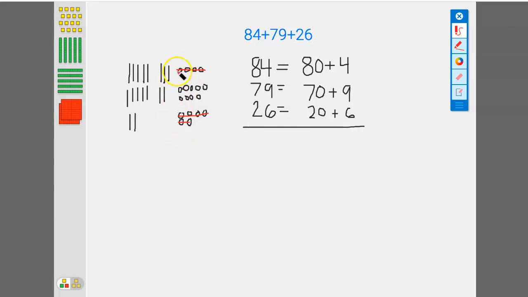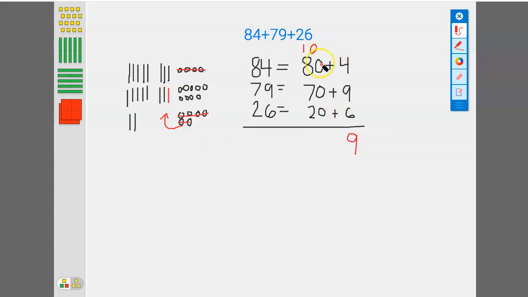So these ones make a group of 10, and they're going to be regrouped over here. And that leaves us with 1, 2, 3, 4, 5, 6, 7, 8, 9. So now we have 9 ones, and this 10 right here, we're going to add it over here.